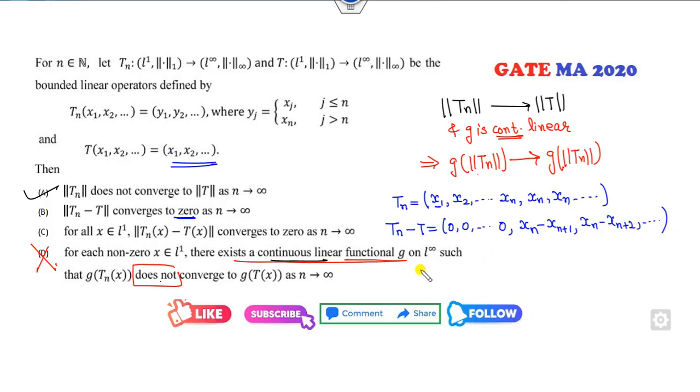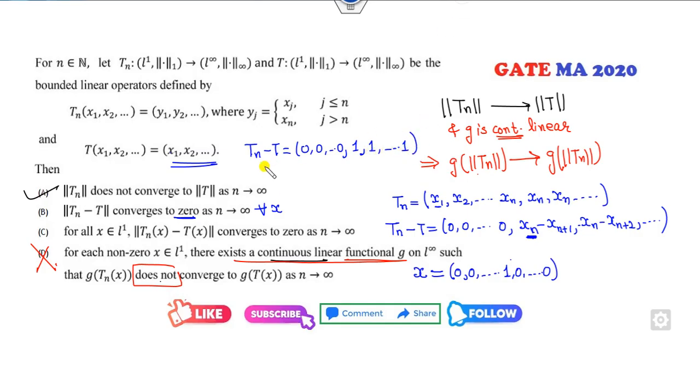Now you can choose any x, because it converges for all x. So I choose x so that the first component is 1, the nth component is 1, and the rest of the components are 0. Then what is my Tn minus T value? The first values are 0, then 1 minus 0 is 1, 1 minus another is 1, and so on.